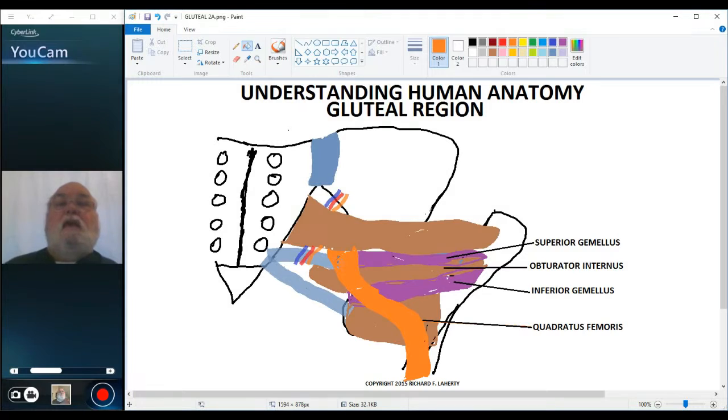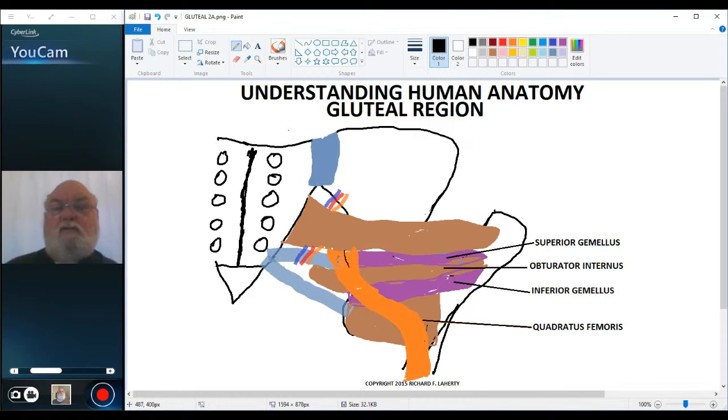There. And the sciatic nerve is really two nerves that are bound together. It is the tibial nerve and the common fibular or common peroneal nerve.